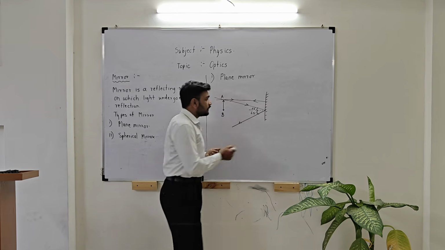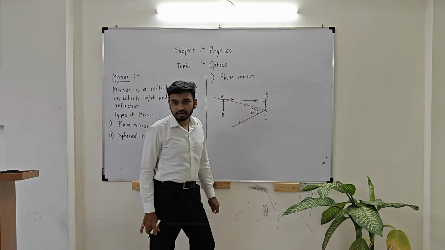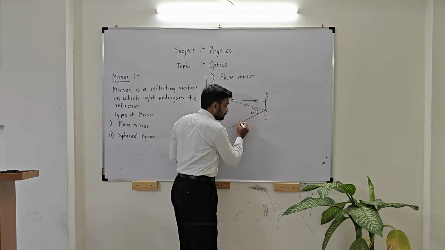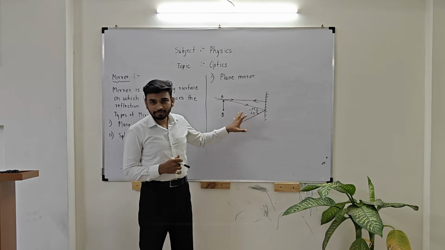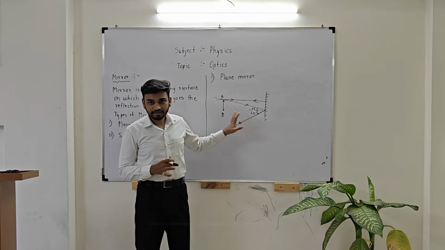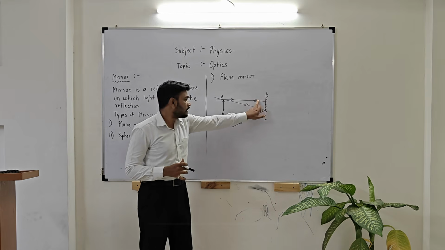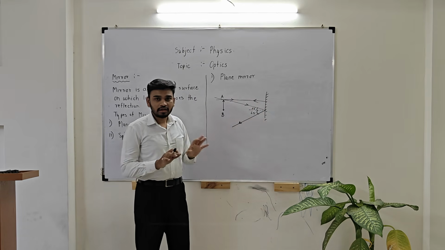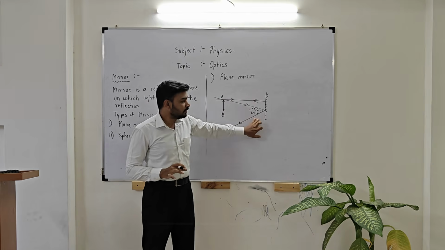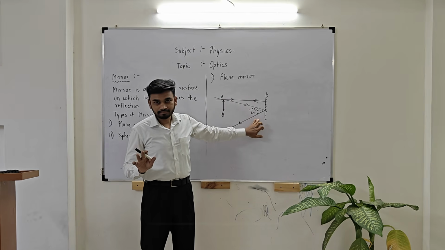Here one reflected ray is here, and the other reflected ray is here. If we try to meet them at any point, it is not possible, because one reflected ray goes this way and the other goes this way. The actual paths of light will not meet at any point.